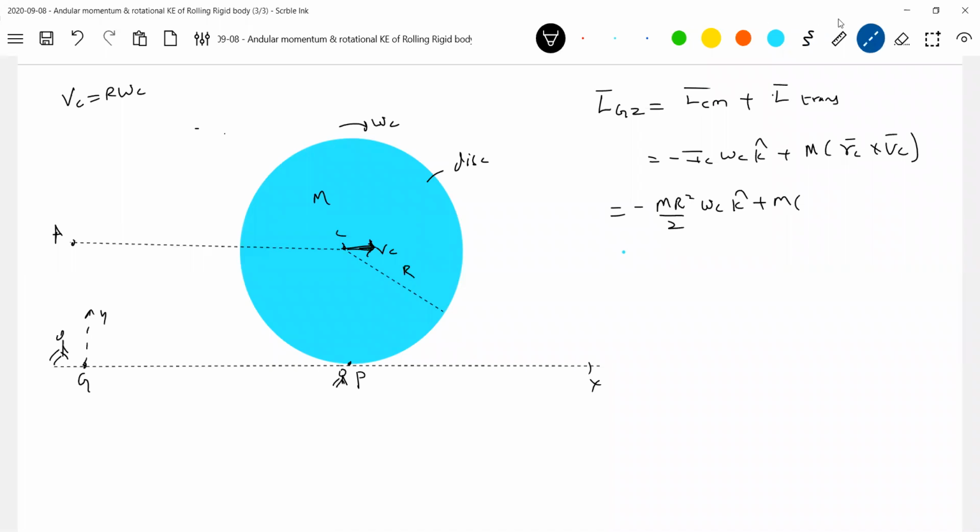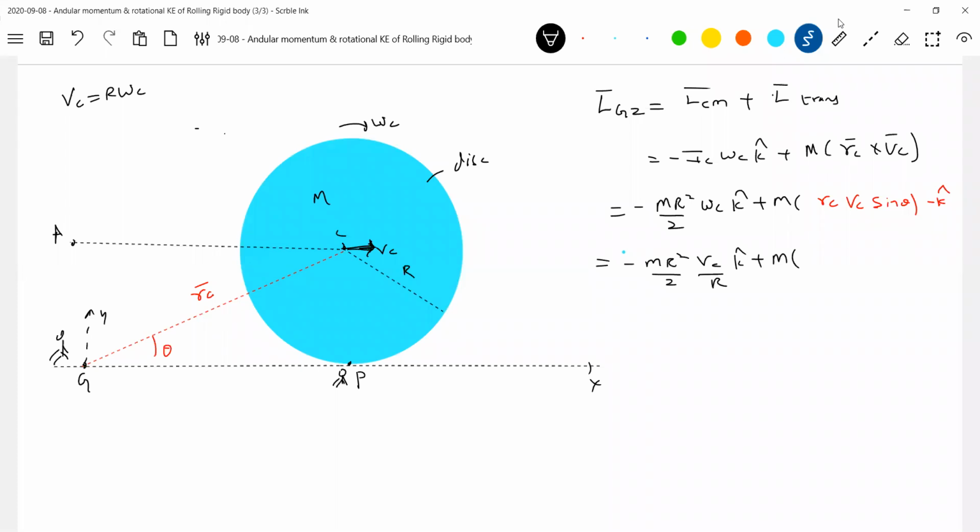Now, what is rc bar? From where has rc bar come? This is rc bar, and this is theta. So what is the angle between rc bar and vc? It should be theta. So this will be rc vc sine theta. This also is minus k cap. Omega c you can write as vc by R, times m into rc sine theta.